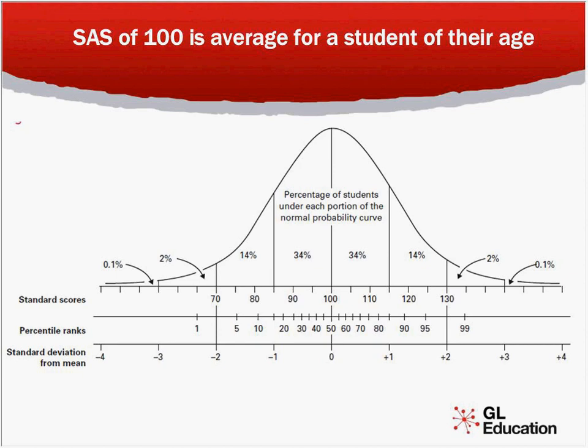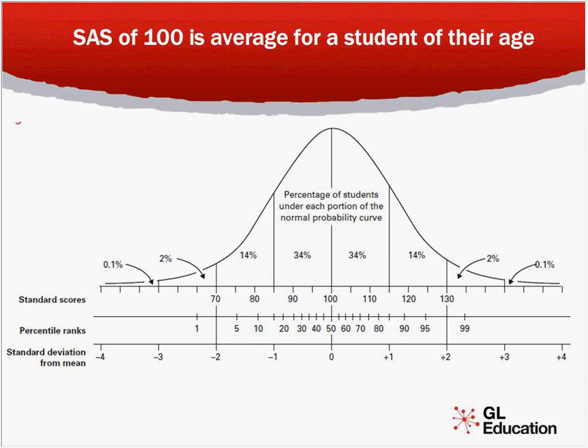If you look on the graph in front of you, you'll see that either side of that middle point of 100, you've got 34% and 34%. In other words, together, 68% of students fall in that average score, 85 to 115, with 100 being the central point, so 100 being average.